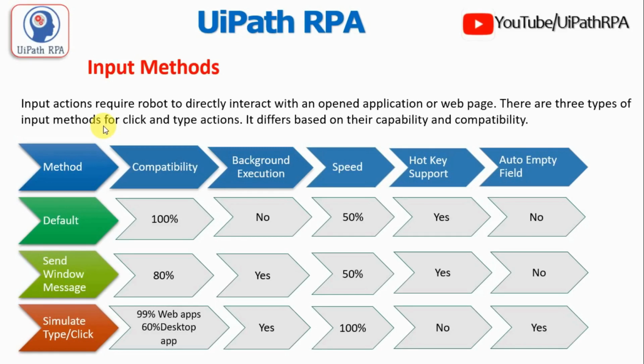It means if we want to press Enter, then we have to use another option, the empty field option from the properties. Now the last and the best is the simulate type click method. This is the third one. Its compatibility supports 99% of web apps and 60% of desktop apps. It supports background execution, meaning we can execute our automations in the background, right?